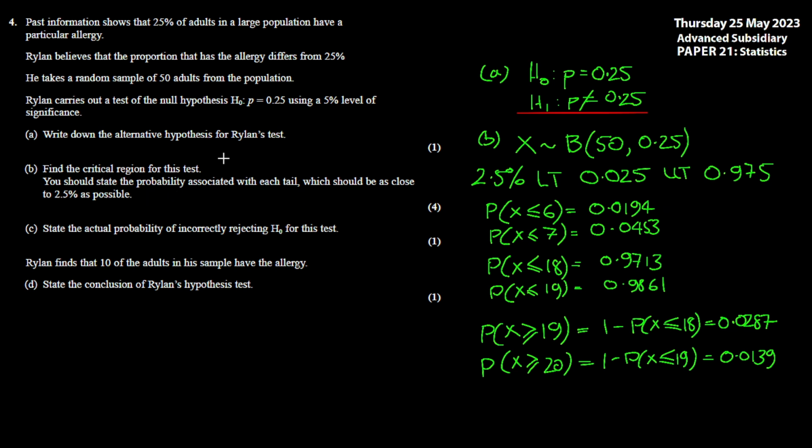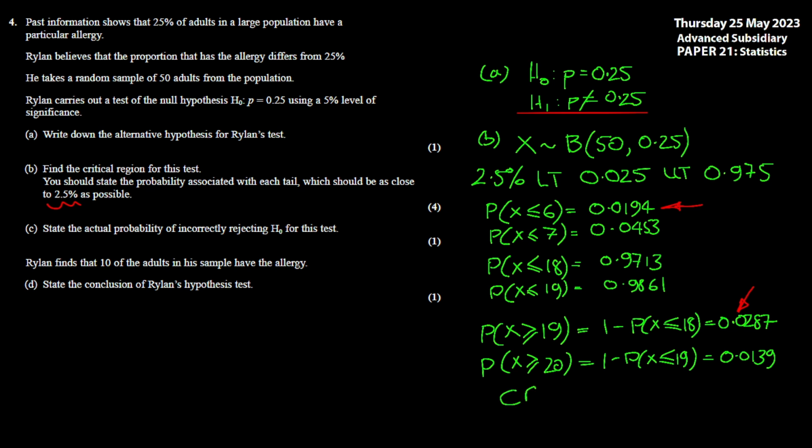So we still need to answer part B. It's not asking us for the values of x that gets us into the critical region. It's values of x which gets us as close as possible to 2.5%. So the answers are going to be this one here and this one here.